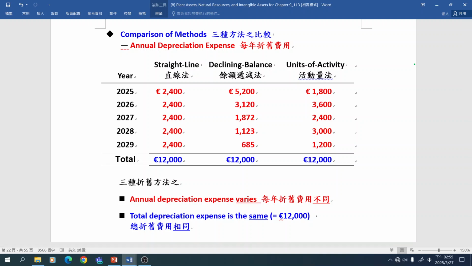Remember, we've mentioned, do you know total value decrease? Yes, we know total value decrease how much? Cost minus residual value, right? $12,000. So our problem is not to get $12,000. We know total value decreased $12,000.